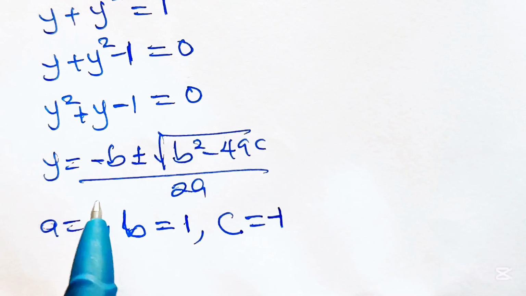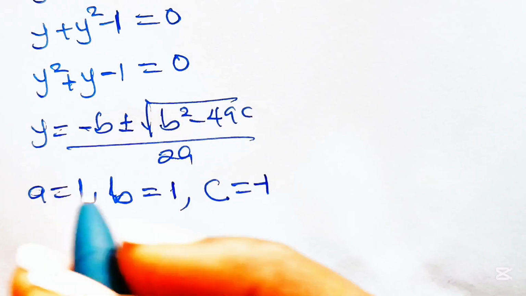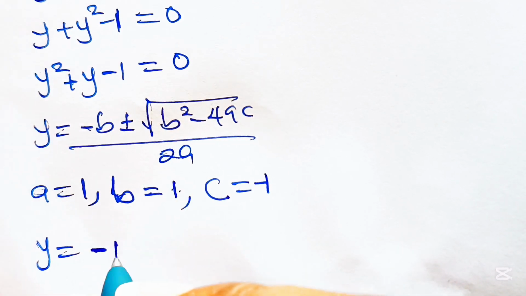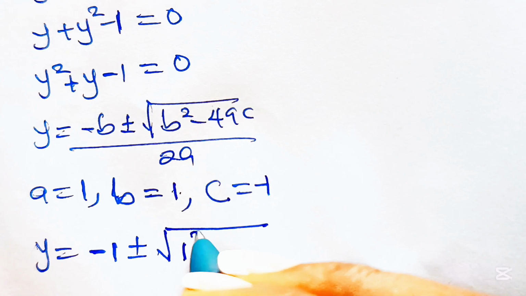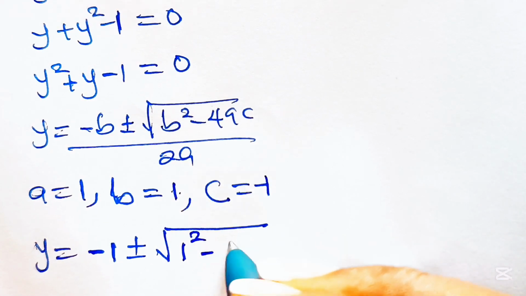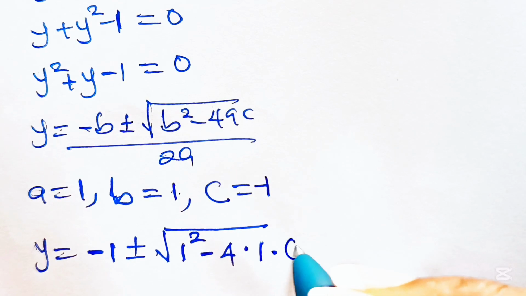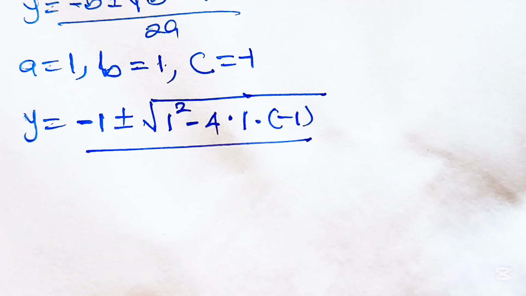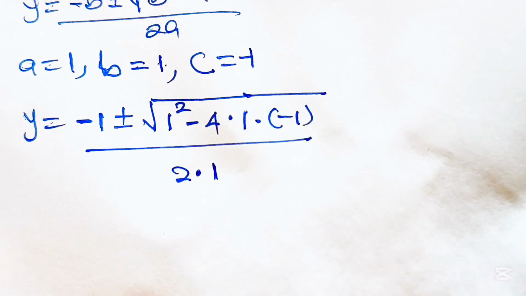Now we are going to substitute these values into this equation. So we have y is equal to minus b, that is minus 1, plus or minus the square root of b squared, that is 1 squared, minus 4ac, 4 multiplied by 1 multiplied by minus 1, everything divided by 2a, that is 2 multiplied by 1.